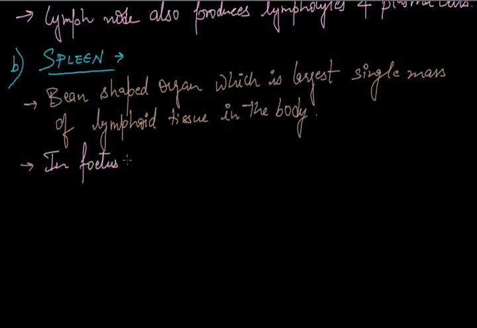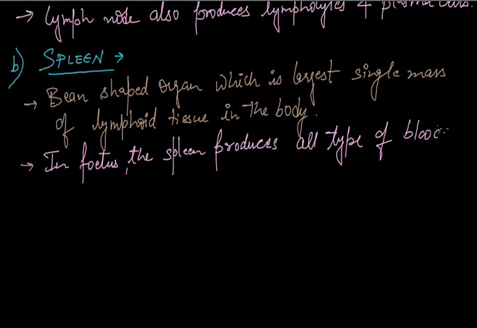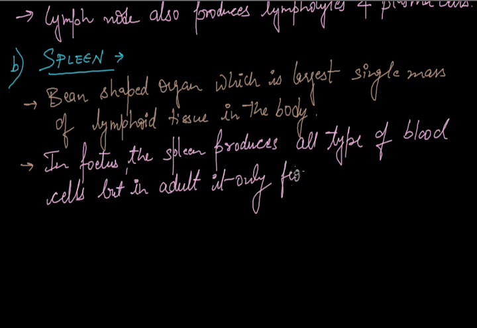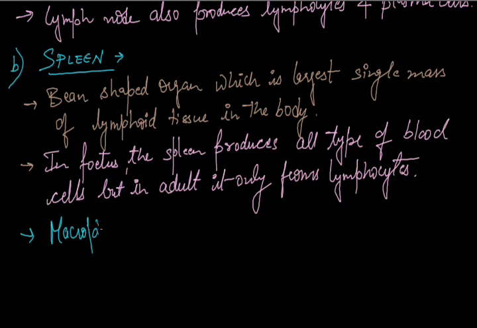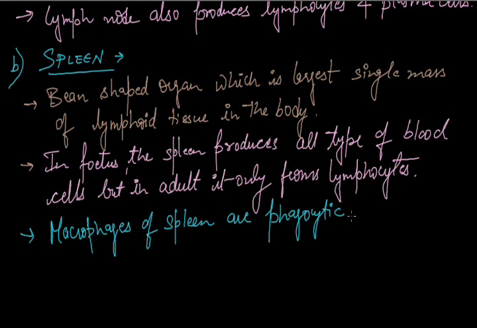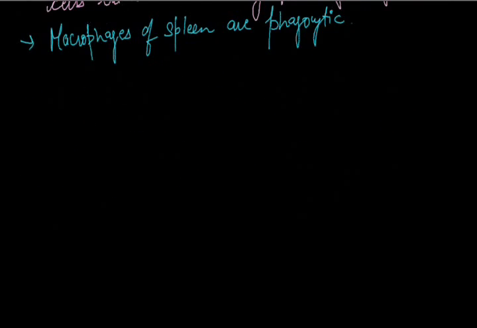In the fetus, the spleen produces all types of blood cells, but in adults it only forms lymphocytes. It also contains macrophages. Macrophages of the spleen are phagocytes, that is, they eat the foreign cell and kill it. This is all about the spleen.